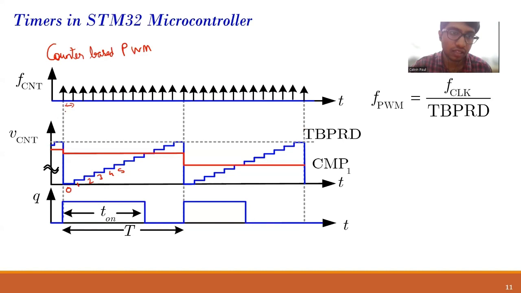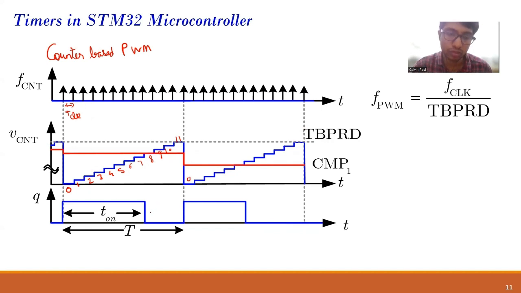After each T clock, you get a clock signal, and the counter gets incremented. And this is the maximum value. Let us say over here, the maximum value is 11. So it reaches this maximum value. Once it reaches the maximum value, it gets reset and again starts from 0.